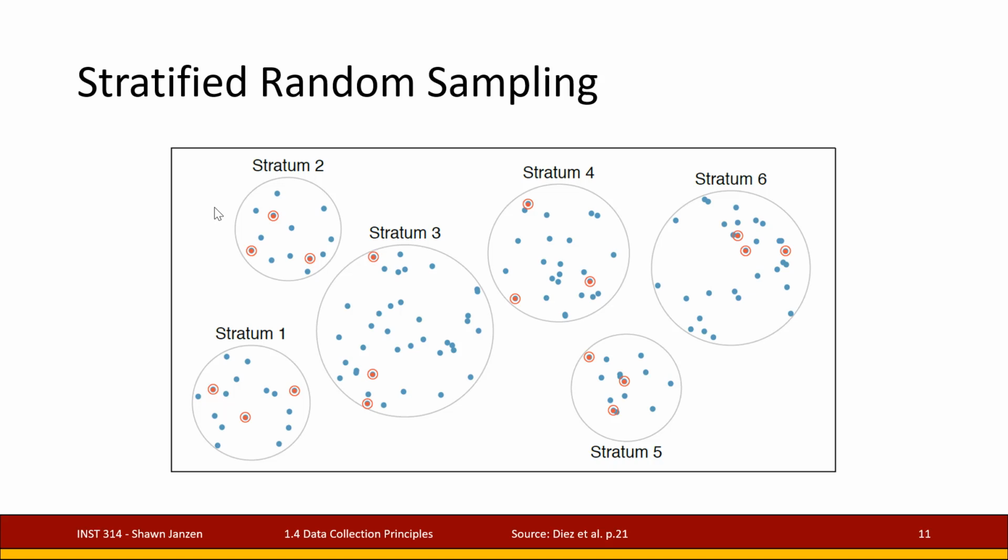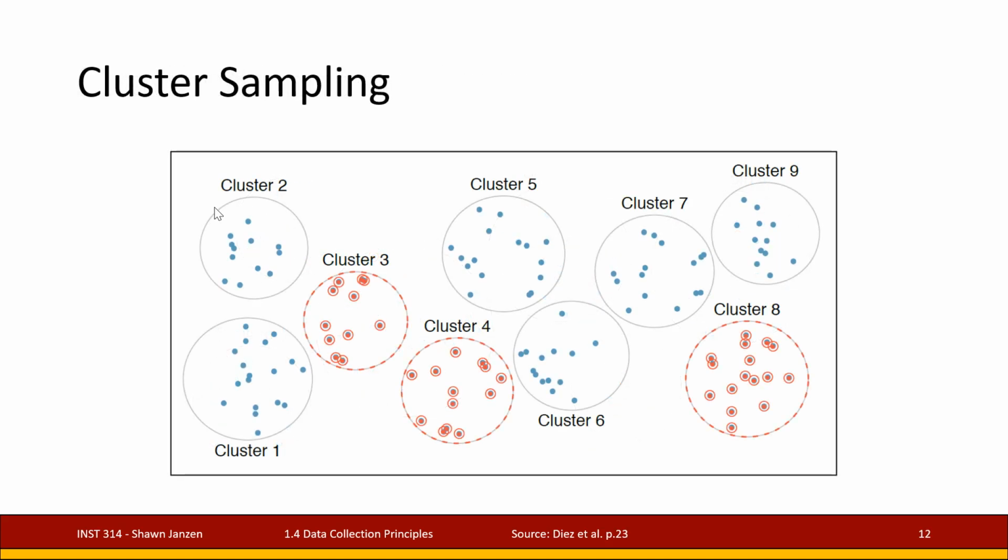Note on here that there were 3 within each of the strata, so we've got them spread across the strata. They're not uneven. Cluster sampling is a variation. We're still breaking up the population into groups, in this case clusters, but then we sample everyone in a particular cluster. This is different from stratified random because we're getting everyone in the cluster instead of just choosing a random few.